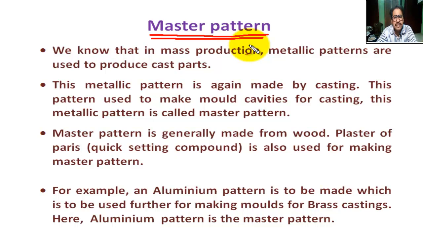When the number of casting to be produced is small and the pattern size is large, then wooden patterns are used. Okay, mainly wooden pattern are used. Wooden pattern is affected by moisture.